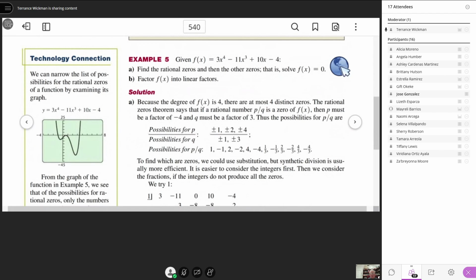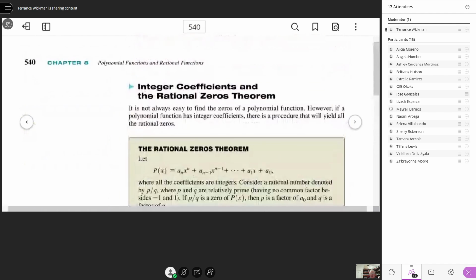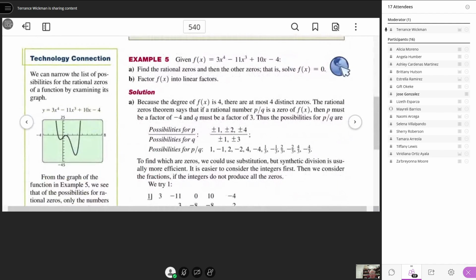Using some of the rules, you're guessing, as you can see here: 1, -1, 2, -2, 4, -4, including the fractions, those are all guesses. And what they did is they took the numerator over the denominator to get the possibilities.